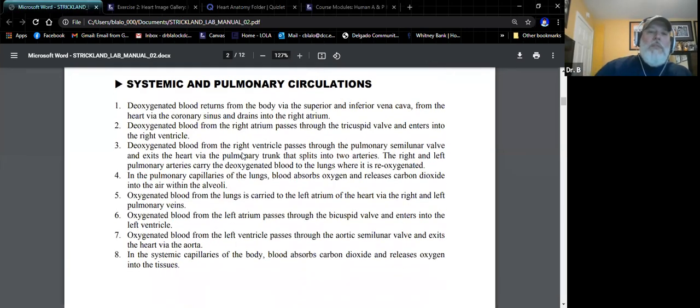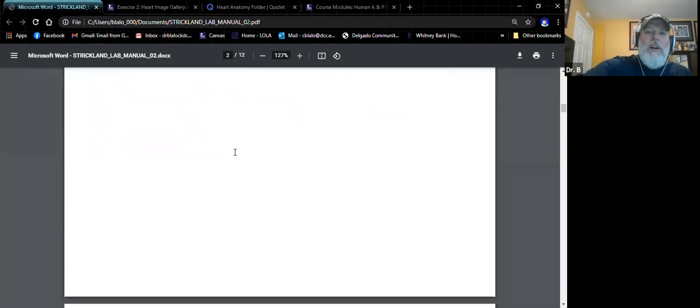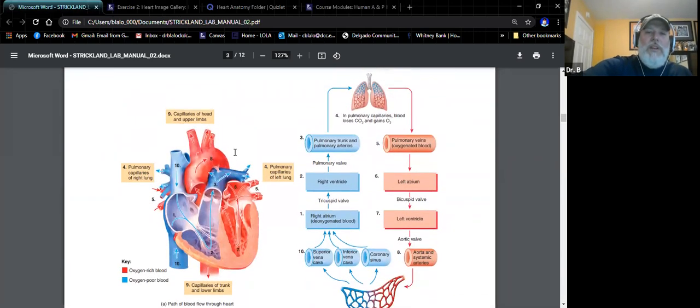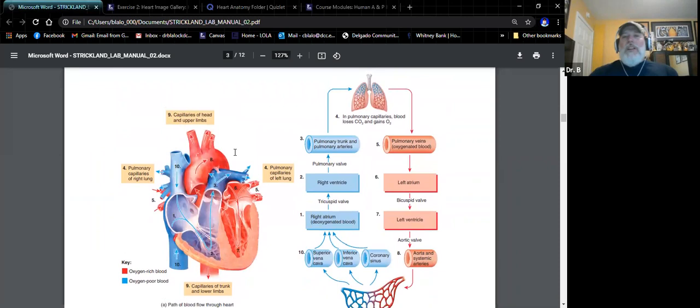This explains the path that the blood is going to follow. I'm not going to read through this, because showing you a picture makes a little more sense. So we're going to take a look at these two diagrams to help explain the flow of blood, not only through the heart, but through the body and the pulmonary circuit.